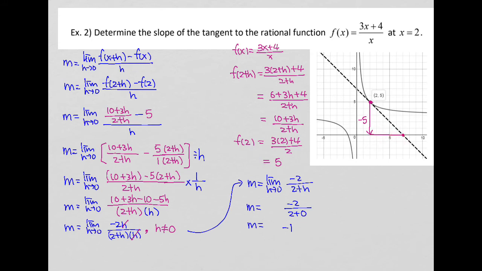Because we're going to the right, we say that's positive. So slope equals rise over run. The rise is negative 5 because we're going down. Run is positive 5 because we're going to the right. So as you can see, the slope of the tangent is negative 1.